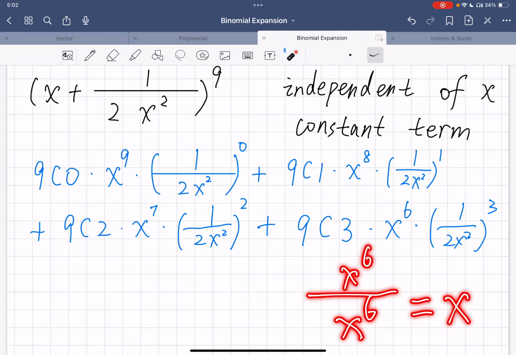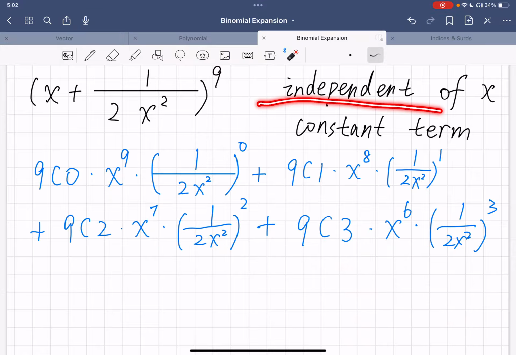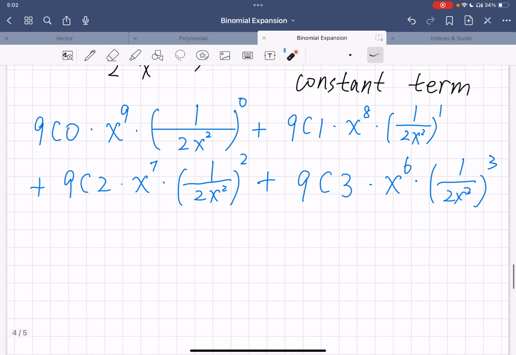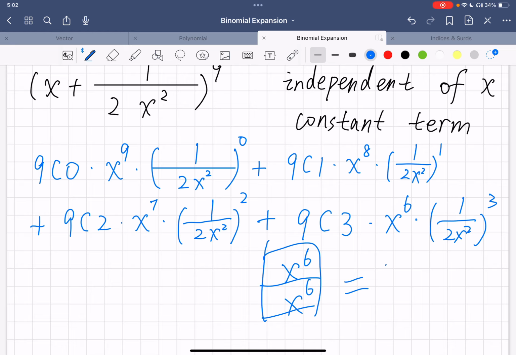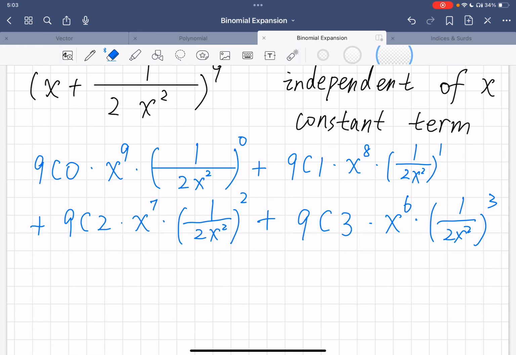No, that's not what the question is asking, because we need to find the term independent of x. Independent of x. Oops, it's my fault. Actually, that's the answer for this question, because x has been cancelled. That's the constant term in this case.